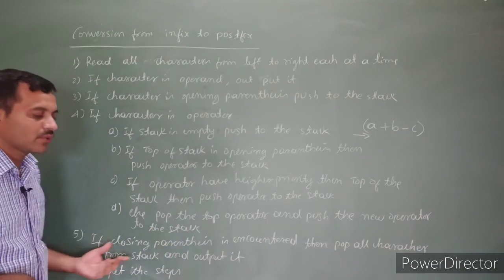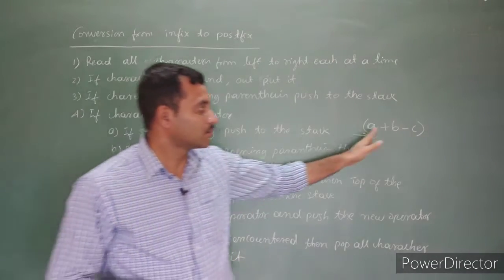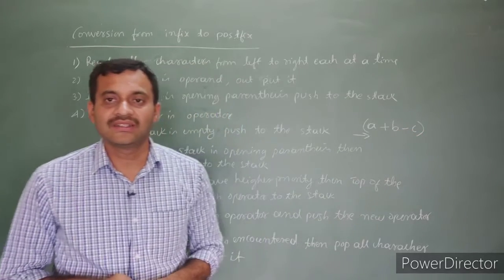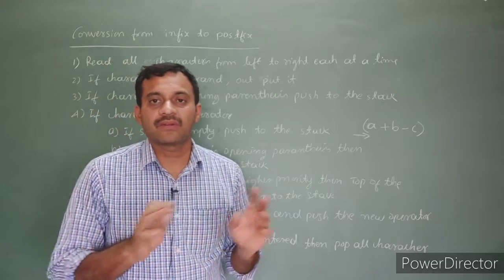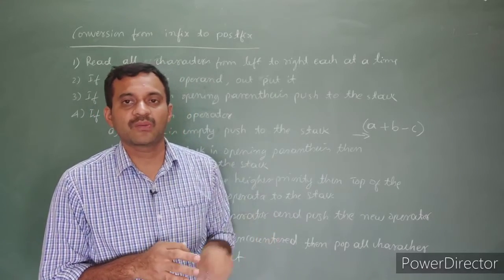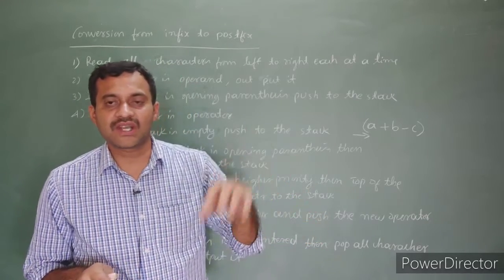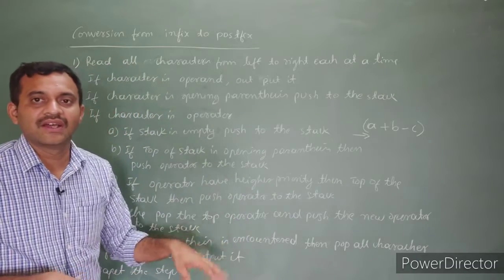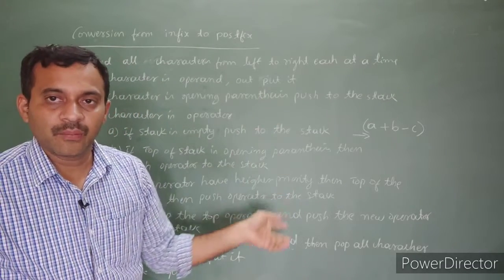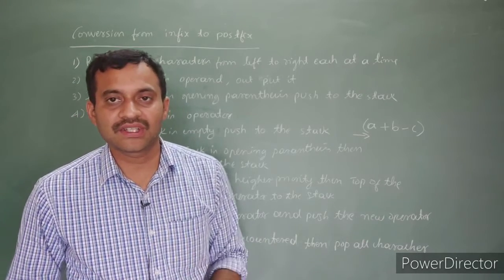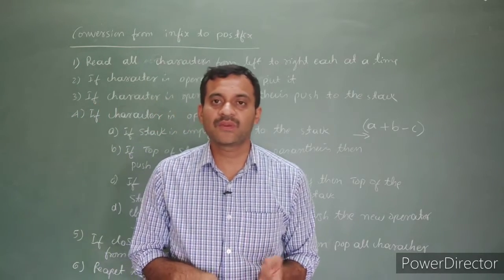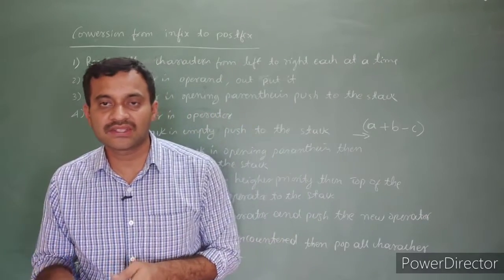Next one is, if a closing parenthesis appears, then pop all the operators from the stack. Here pop is the operation to remove the element from the stack. Pop all the operators from the stack, then remove the opening parenthesis, because a postfix expression does not have any parentheses. Postfix and prefix expressions do not have any parentheses.